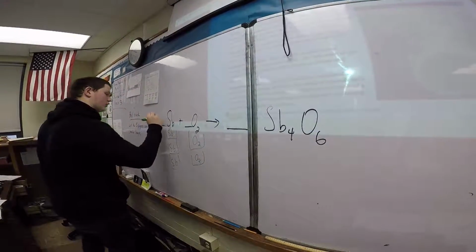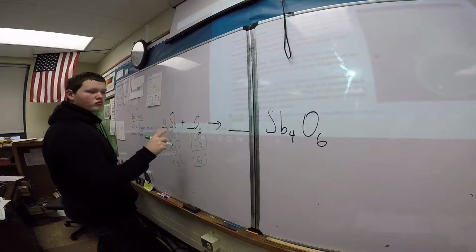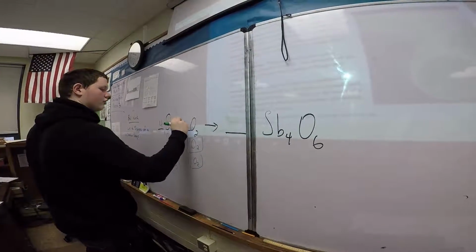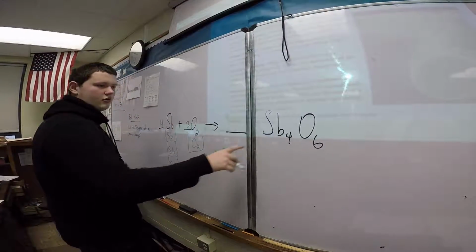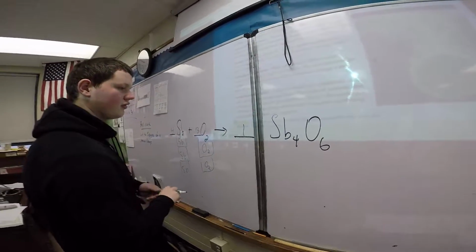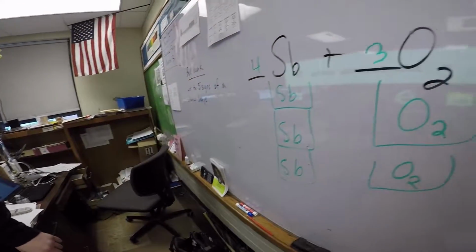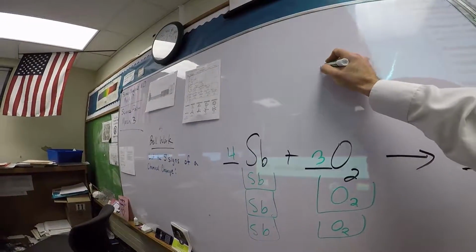So that's 6. 3 times 2 is 6. And then it's good on this side. So this is a synthesis reaction. Synthesis.